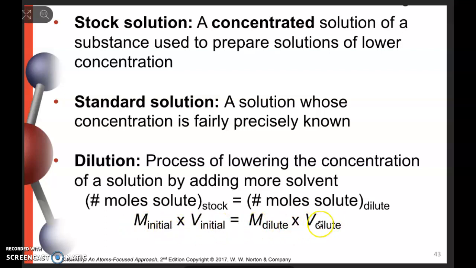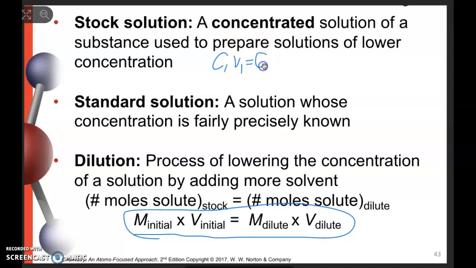Now, most times we are thinking about this from a perspective of molarity, but it is possible that this concentration solution equation will work in other scenarios as well. So it's often that we will see this equation rewritten as C1 V1 is equal to C2 V2.